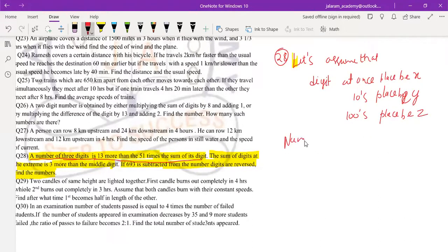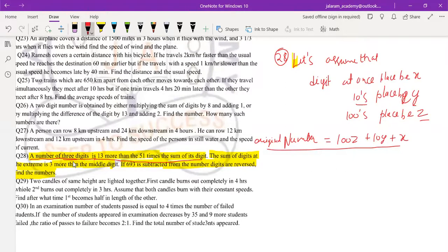So what will be the original number of 3 digits? It is obtained by multiplying the digit at hundreds place by 100, the digit at tens place by y's place value is 10y, and the digit at ones place is written as it is. So this is the original number: 100z plus 10y plus x.